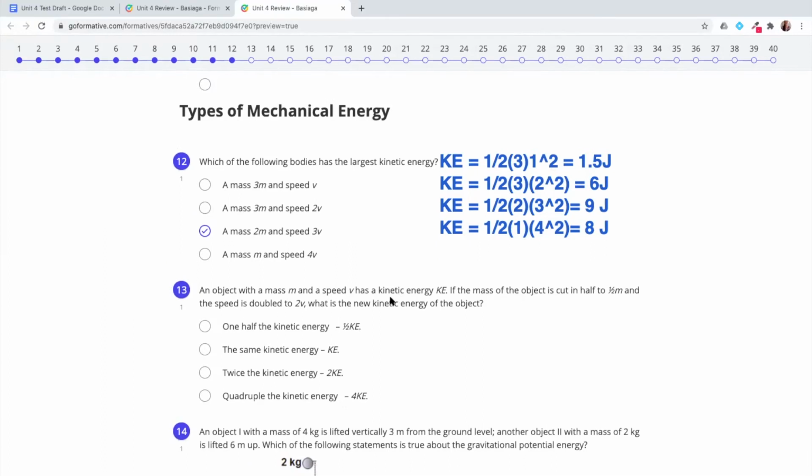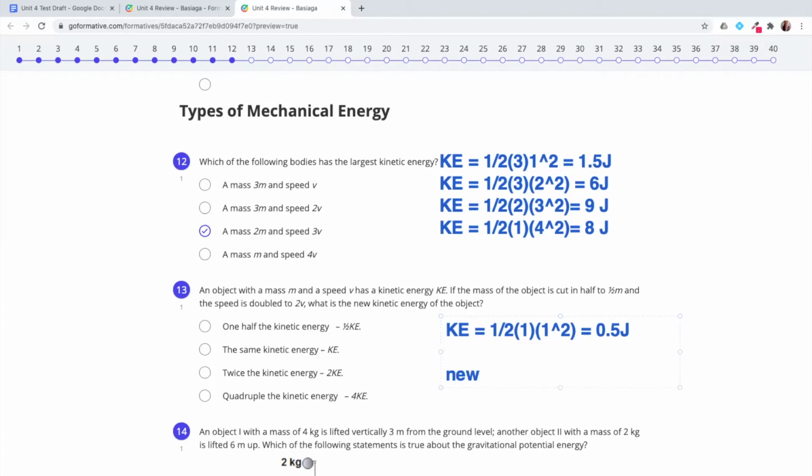For 13, it's a mass m, a speed v, and it says the mass decreases while the speed doubles. So the original object has a mass m and a speed v. So let's put in 1/2, m is 1, v is 1 squared. So this gets an original kinetic energy of 0.5.